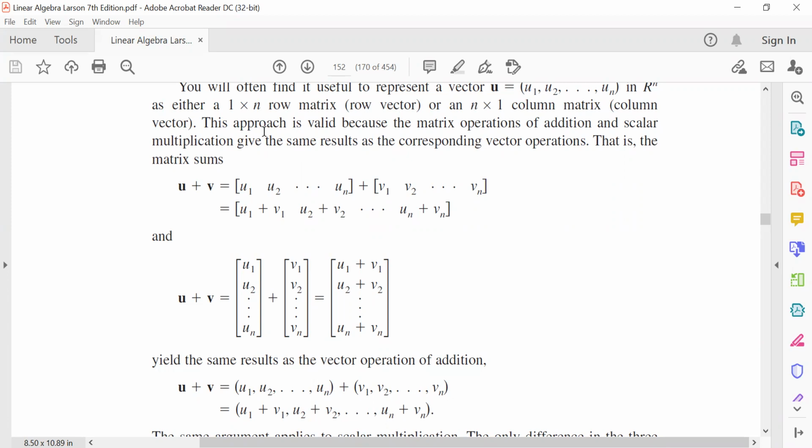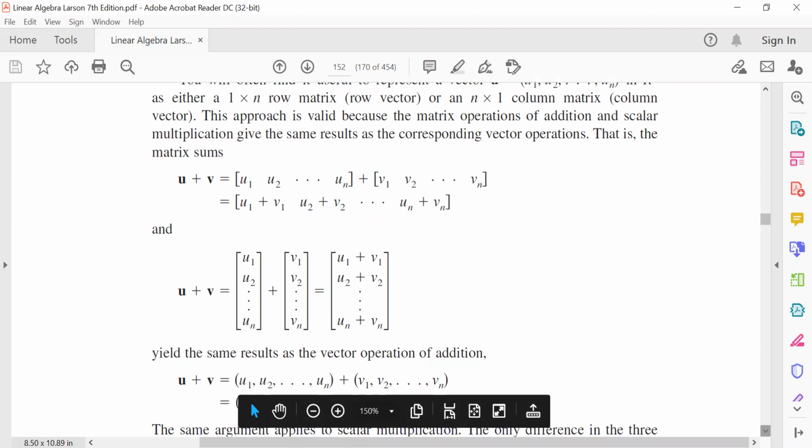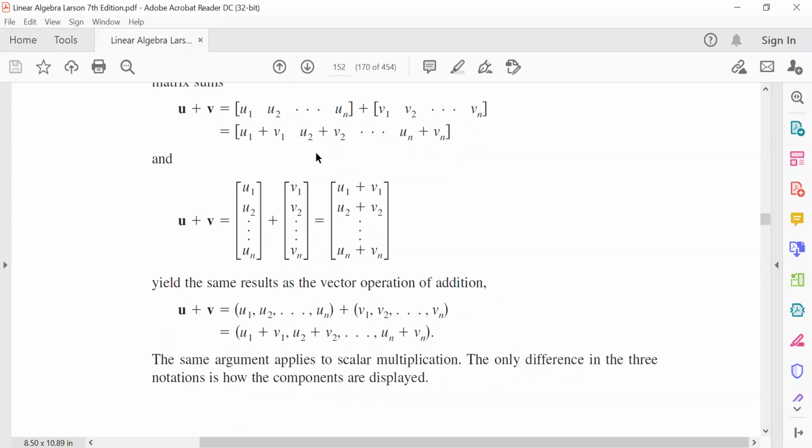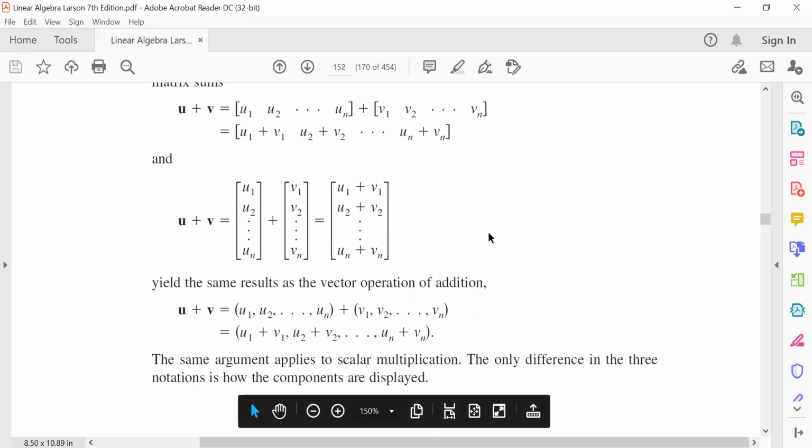And it's all the same thing, meaning that whichever way I do it, whether I take this row vector and that row vector and add them up, I get the same thing as if I take this column vector plus that column vector, which is the same thing as just adding 2 vectors. And these 3 things are just 3 different ways of expressing the same thing. That's all we're trying to say. The only difference is just what they look like, the notation, the way they're displayed. Other than that, it's the same information.